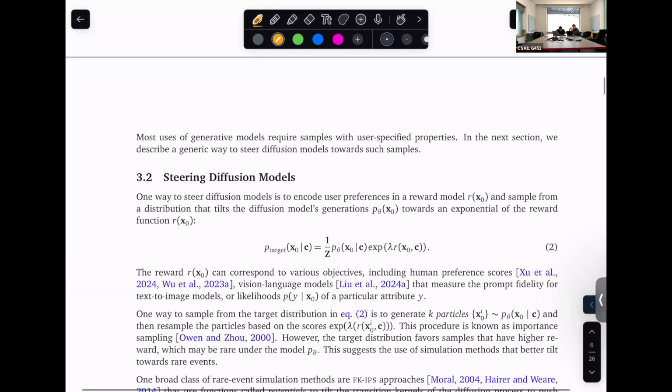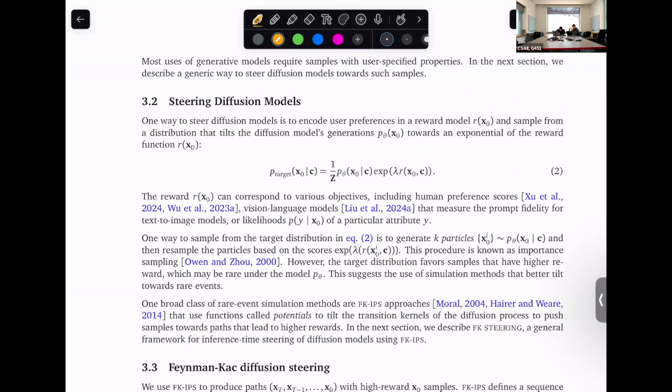And now we introduce this reward here. So we're just given that we want to sample, or that we like, samples that have high scores under this reward. And then what we want to sample from is this regularized distribution.